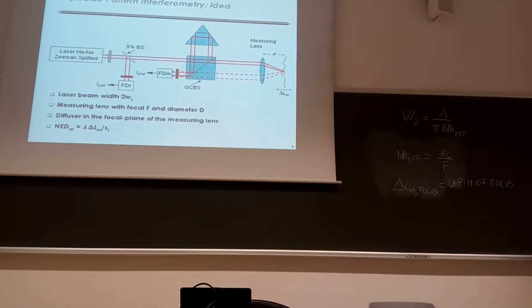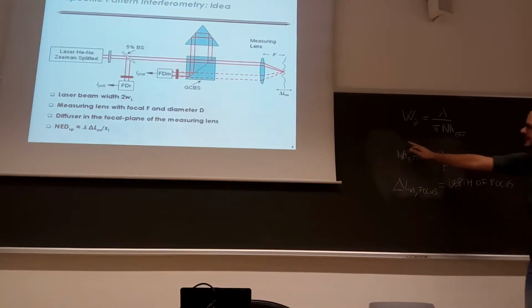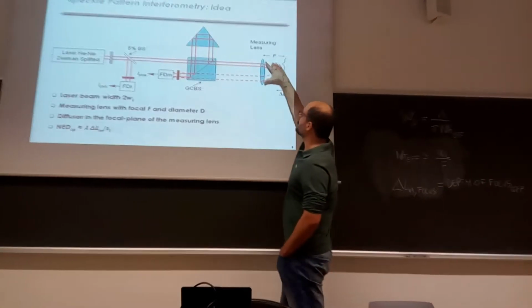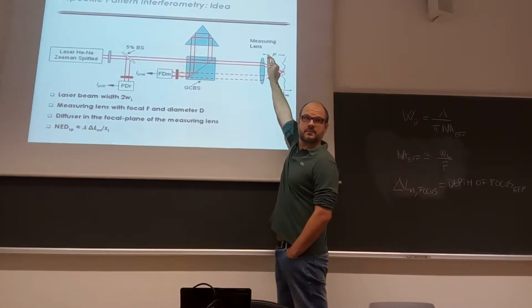of the lens. We must be a bit more precise because, as I said, for the numerical aperture, we need to use the effective depth of focus of the lens. Okay? Because, again, I'm not using all the lens, but just a part of it.